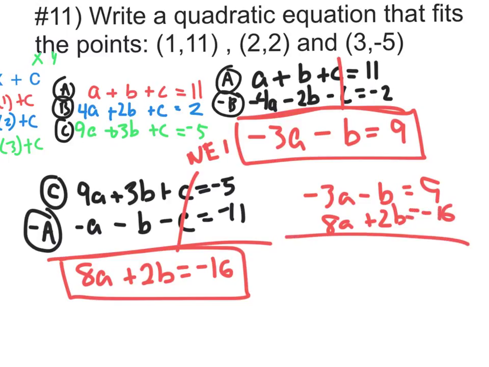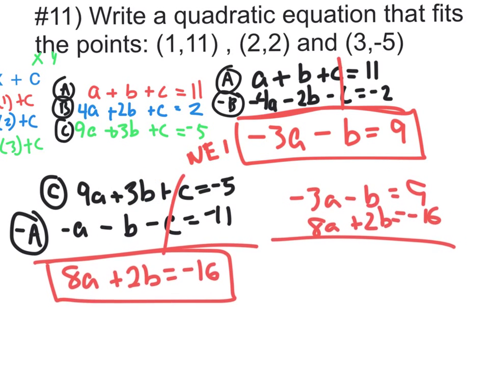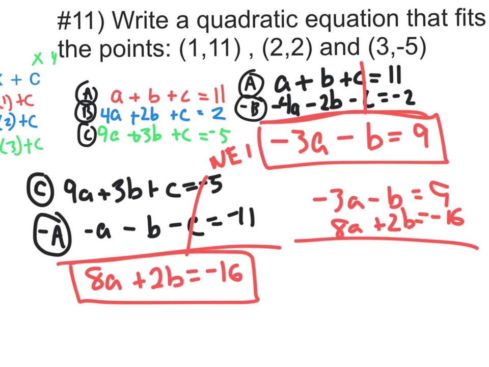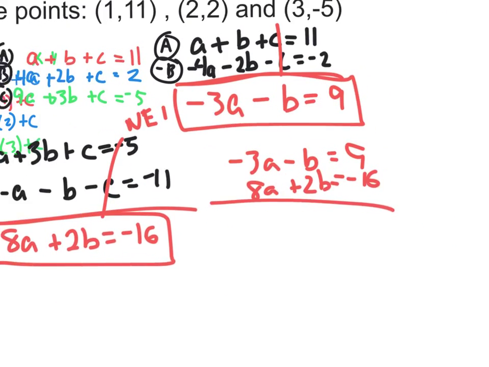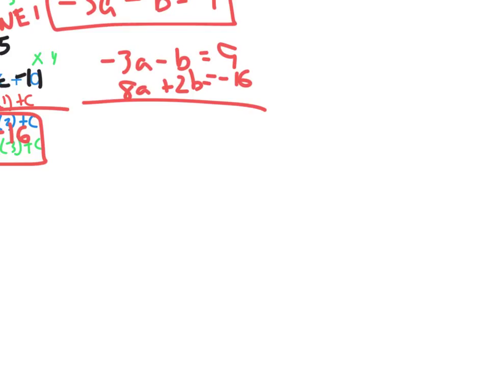And I need to get a variable to cancel. So I want to get the b's to cancel by multiplying the top one. So solving that 2 by 2 system, I am going to move it over here, focusing on that 2 by 2 system. And I am going to cancel out the b's by multiplying the top equation by 2.